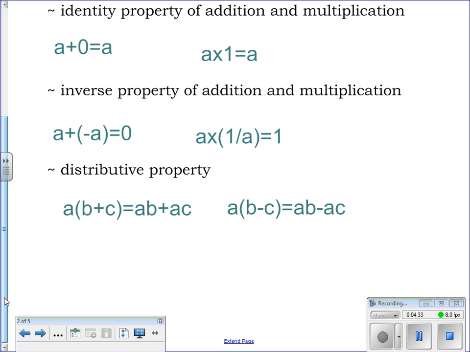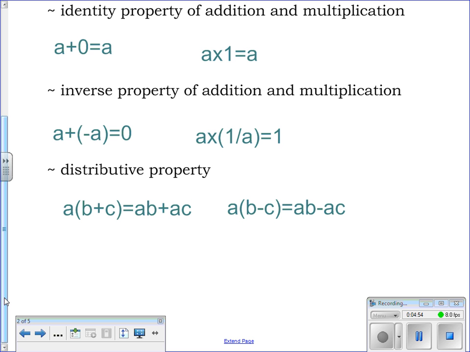Anytime you add two numbers and you get 0, those two numbers are inverses of addition. If you multiply two things and you get 1, those are multiplicative inverses. Okay? So A times 1 over A is 1. That's where the inverse properties come in.